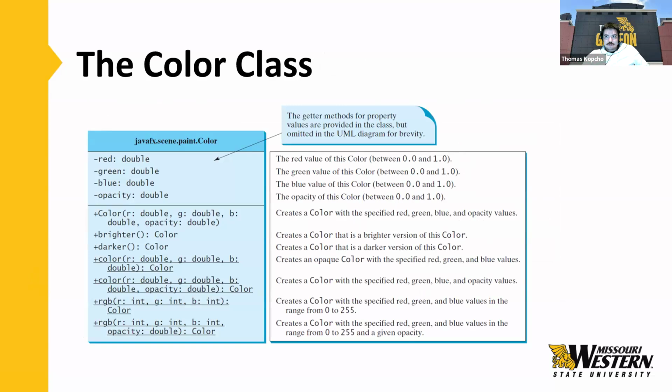Don't know if I need to go too much into this. But the JavaFX Color class, javafx.scene.paint.Color, represents a color defined by its red, green, blue, or RGB components, plus an optional alpha opacity value.